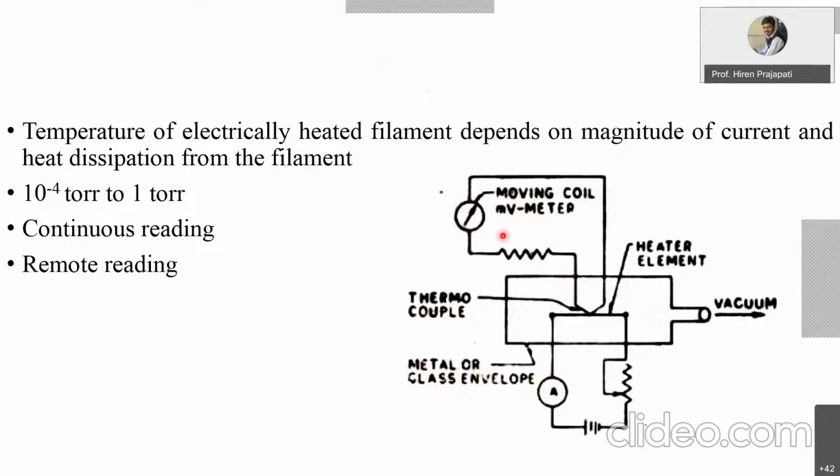So we have here one voltmeter to measure the voltage. If the vacuum has less pressure, then there will be less heat dissipation from this heated filament to the vacuum, and that's why the temperature of this filament will be more, and this temperature will be measured in terms of EMF using this thermocouple. So this is the setup.